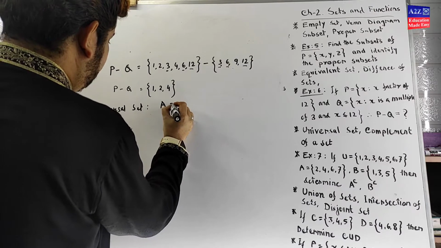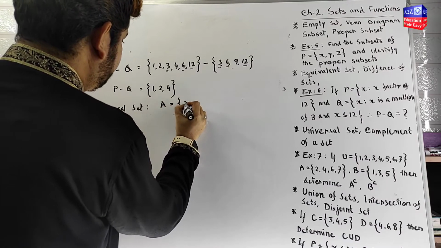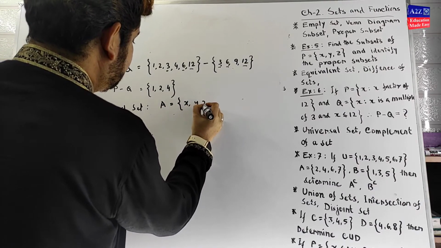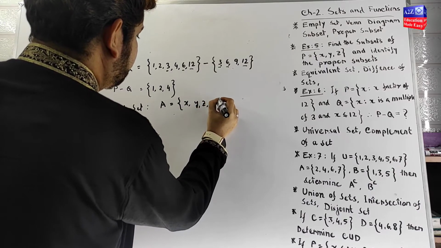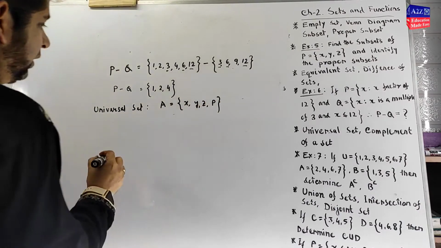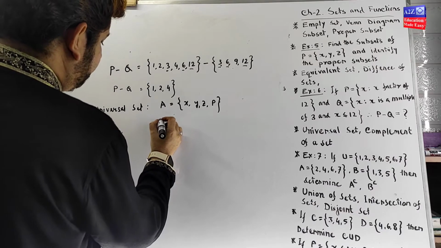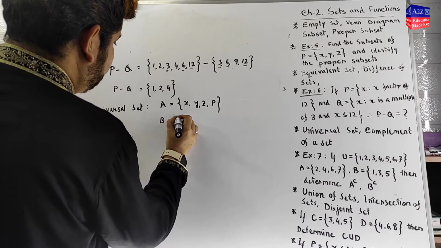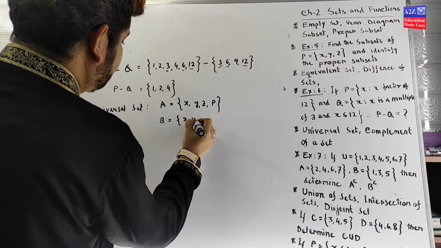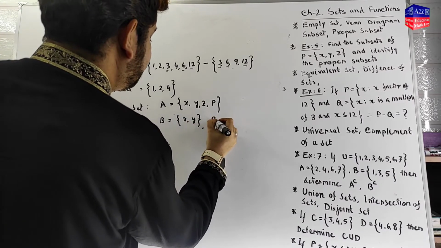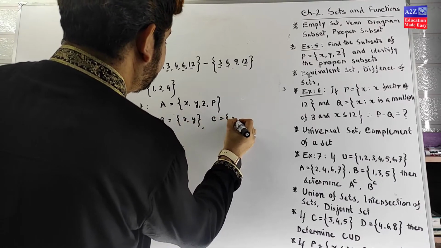A is a mother set which contains the elements x, y, z, p. And there are some other sets, say for example B contains x and y. C is another set which contains z and p.